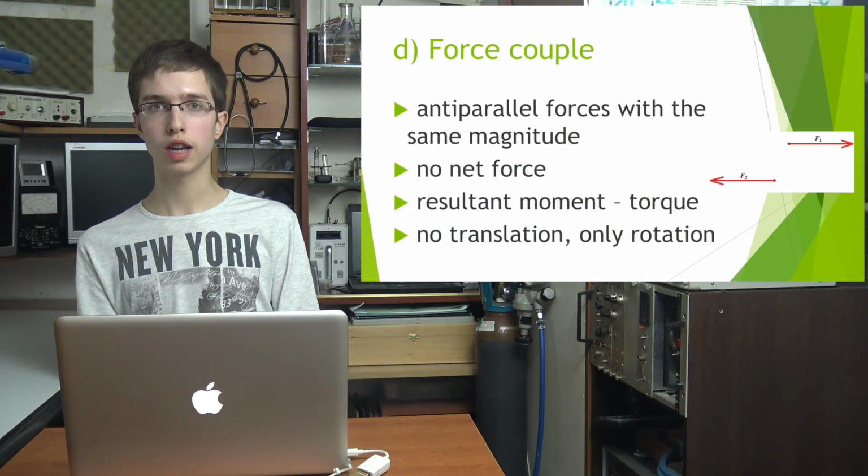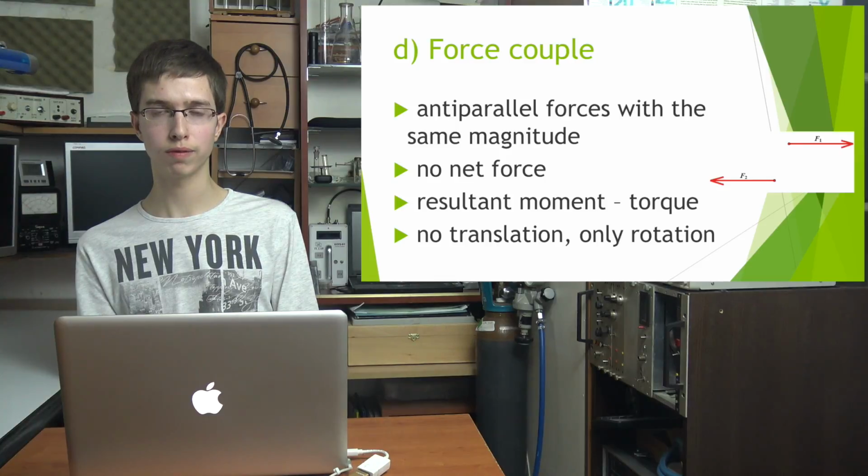And finally, a force couple is a system of antiparallel forces which have the same length. It's important to say that in a force couple system, also called pure moment or couple system, we cannot find a net resultant force, but we can find a resultant moment, which is called torque, and has a special property that it doesn't depend on a point of force application.